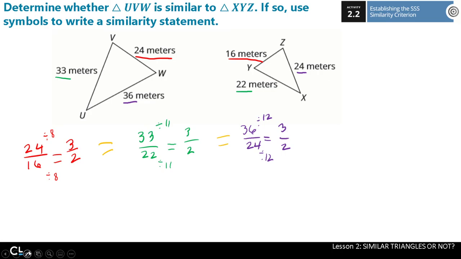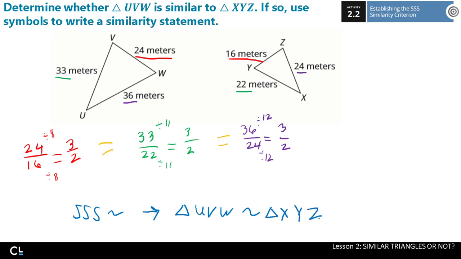So since all these things are equal here, we could say that we have side similarity, which means triangle UVW is similar to triangle XYZ. We used our side similarity.